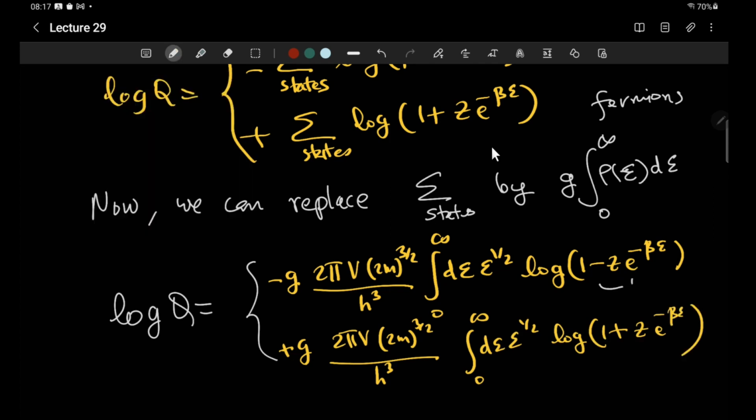Okay, so the first term is for bosons and the second term is for fermions.